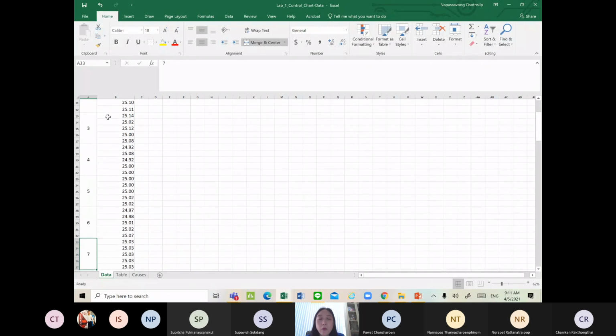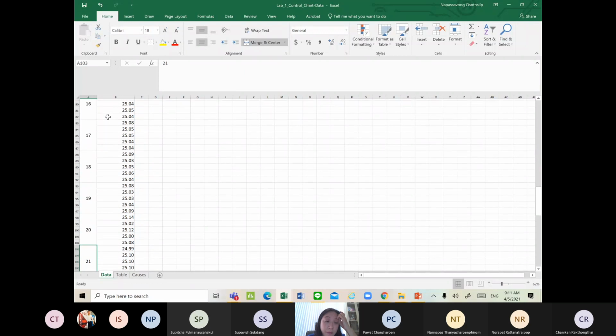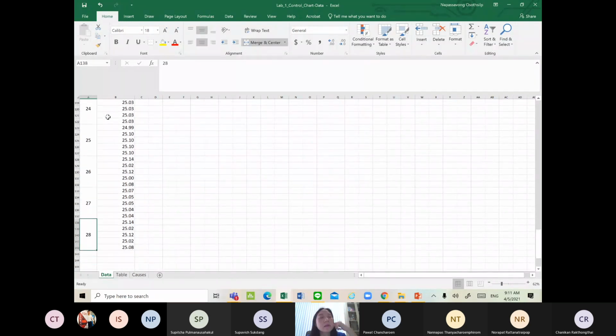We need at least 25 subgroups to construct the control charts. That means you may have to wait for like 25 hours to get the data set. In this case, we have 28 subgroups, or we can say 28 samples.